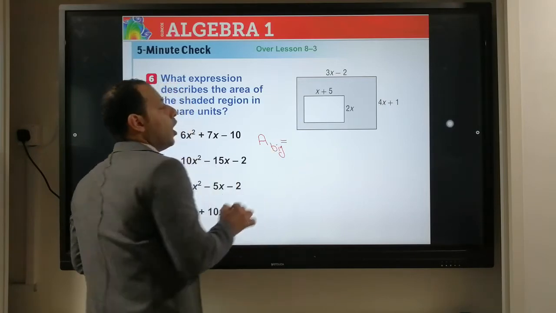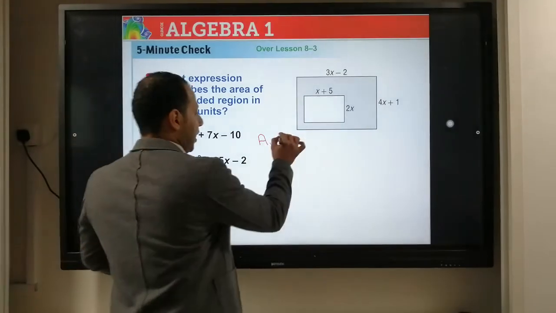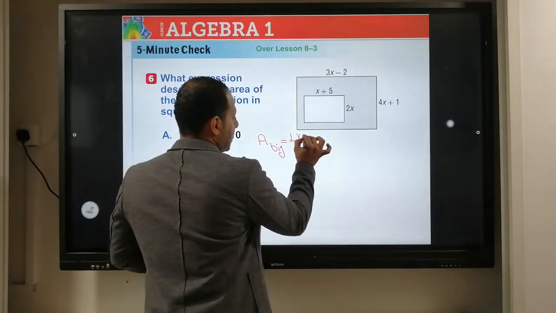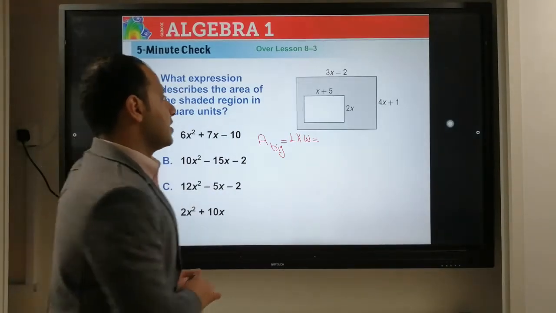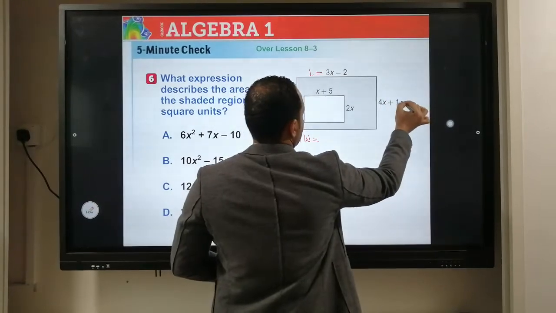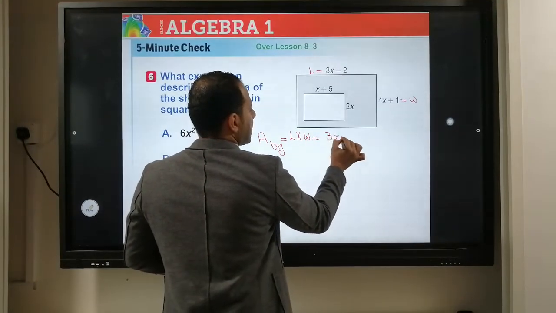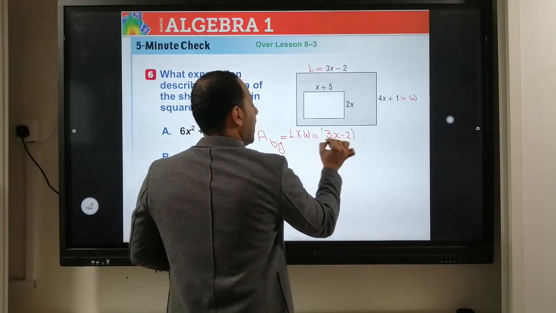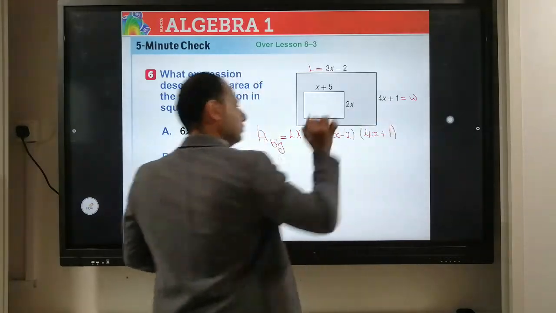Area of a rectangle equals length multiplied by width, the product of the two dimensions. This is my length and this is my width. Start with me: 3x minus 2 and here 4x plus 1.